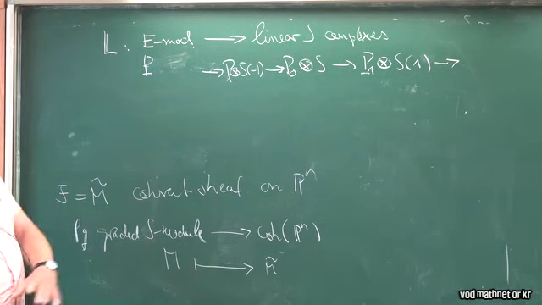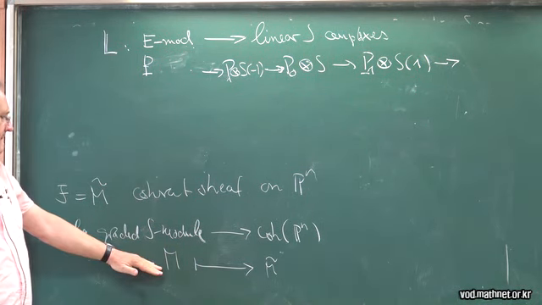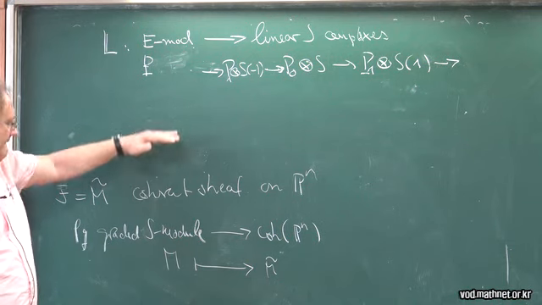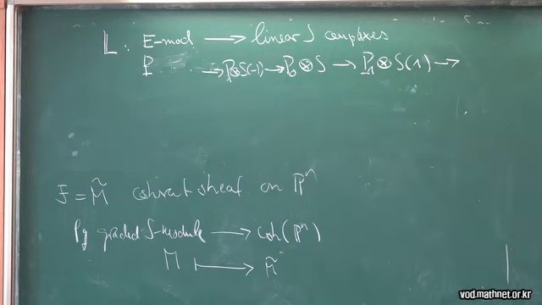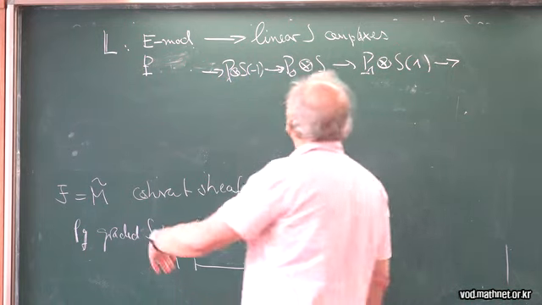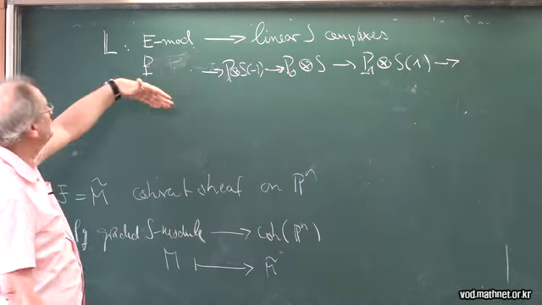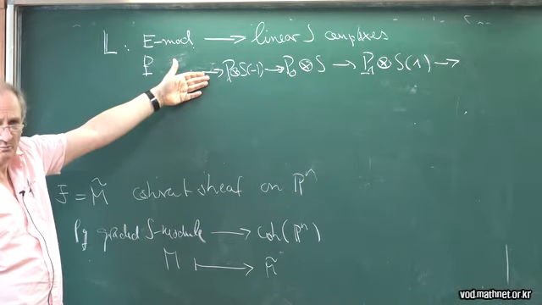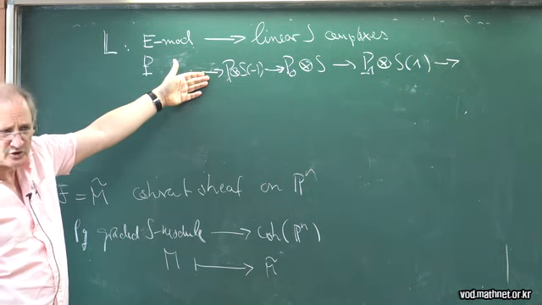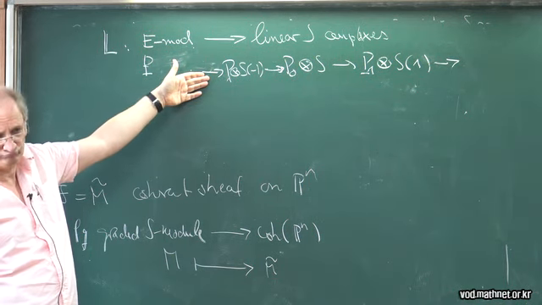So what they would do, for example, is take this complex, sheafify, and take its homology and hope that that is a vector bundle.